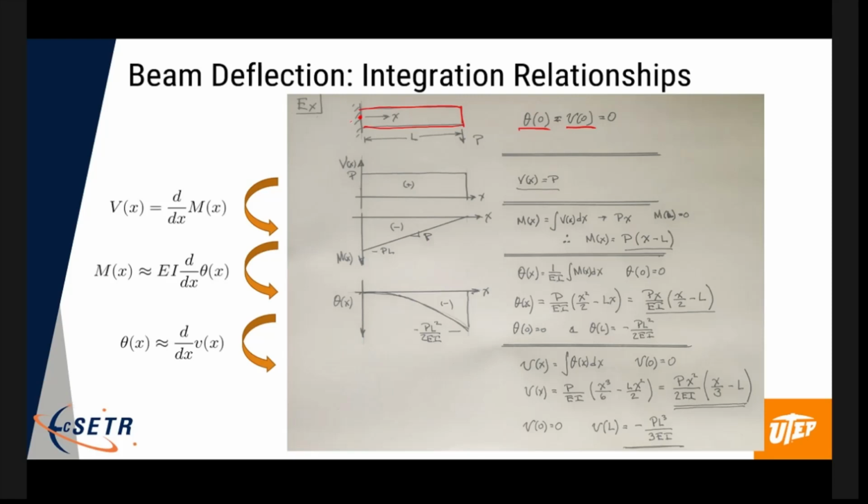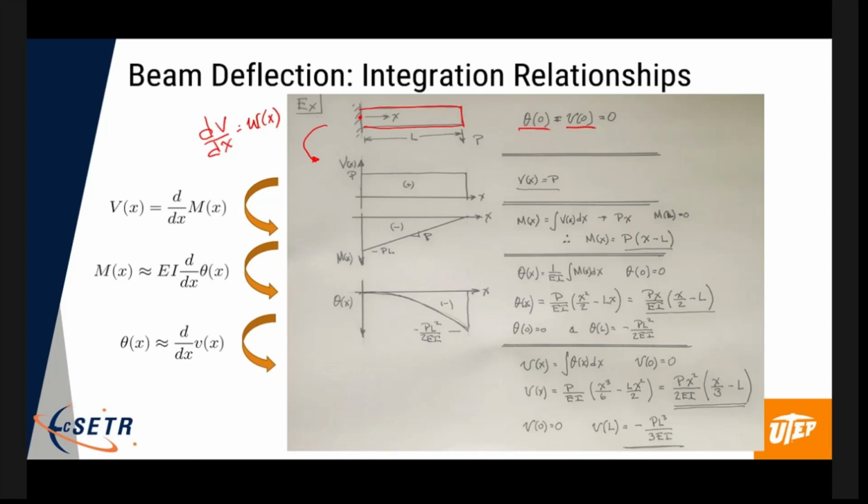Well, let's do the first 2 integrations. Remember, the first integration is going to give me the shear curve, okay? To get this, we know that the derivative of the shear curve equals the distributed load. In this case, the distributed load is 0, right?